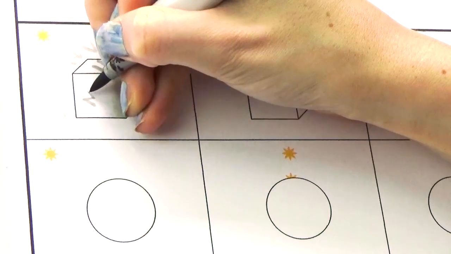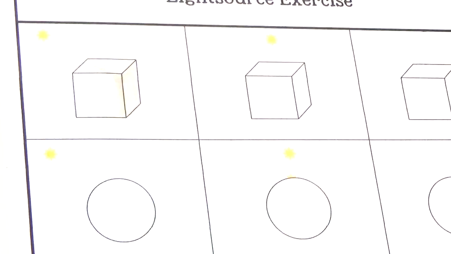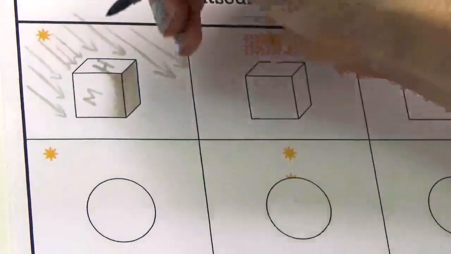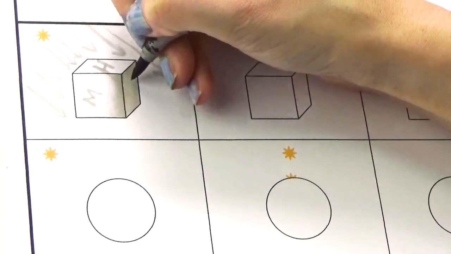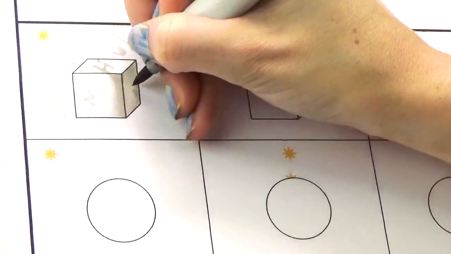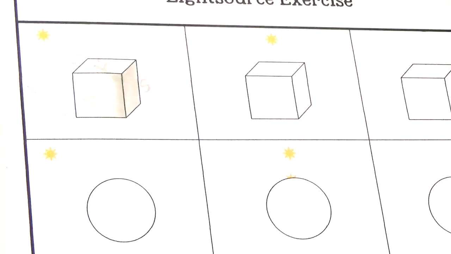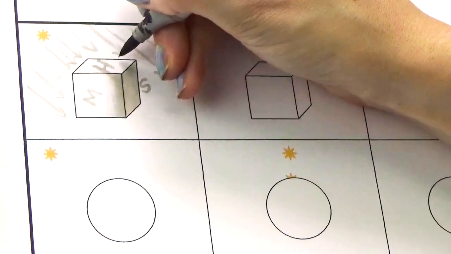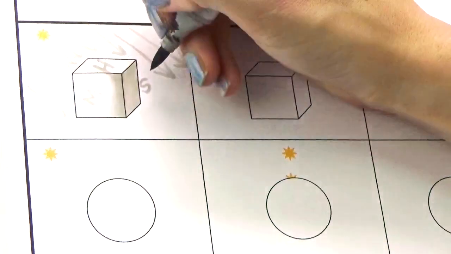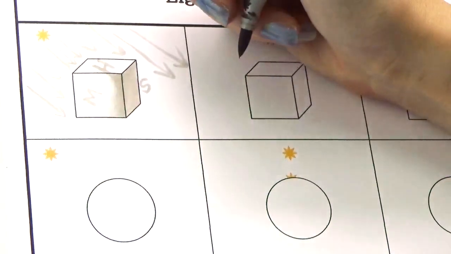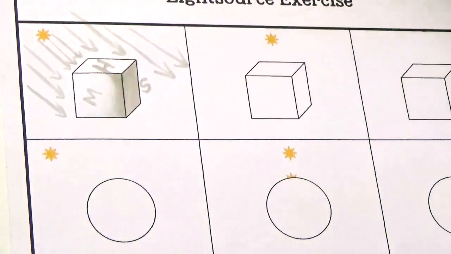This one here, I'm going to write an M, that's my midtone. So midtone is between the lightest and the darkest areas. And then on this side will be an S, and that's my shadow. So we've got highlight for the lightest, midtone for in between, and shadow in the darkest areas. And they're the components that make up the light on the object.